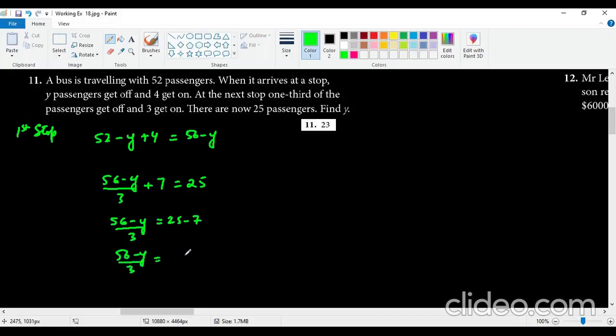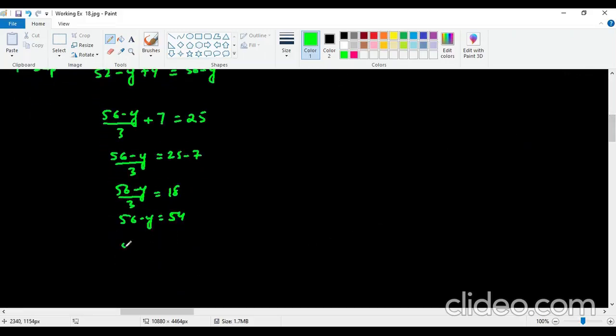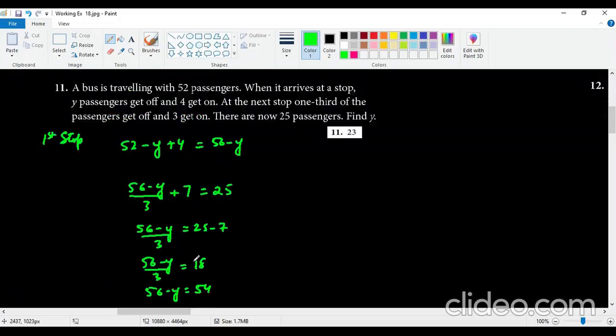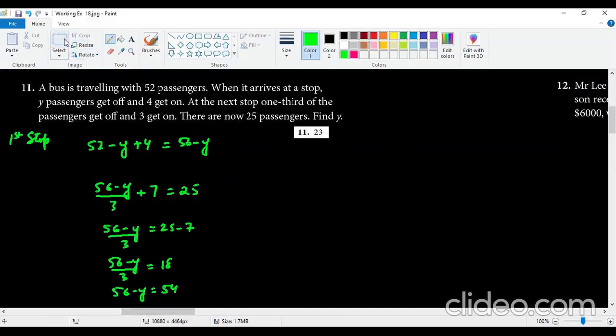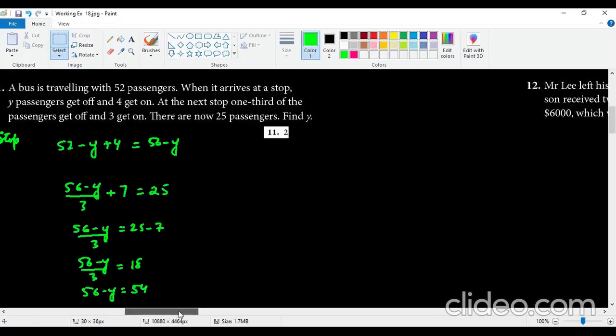So 56 minus y, 18 times 3 gives us 54, and 56 minus 54 equals y. That means the value is 2. Moving on to question number 12. But just a reminder, the answer to question 11 is 2, not 23. The correct answer is 2, not 23.